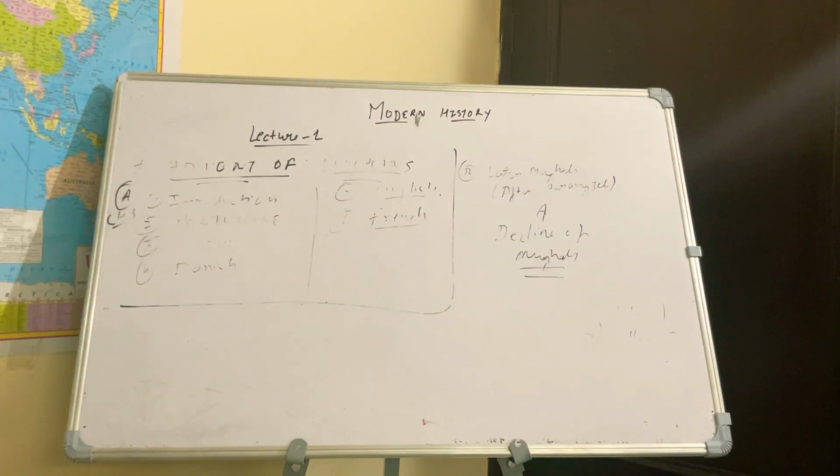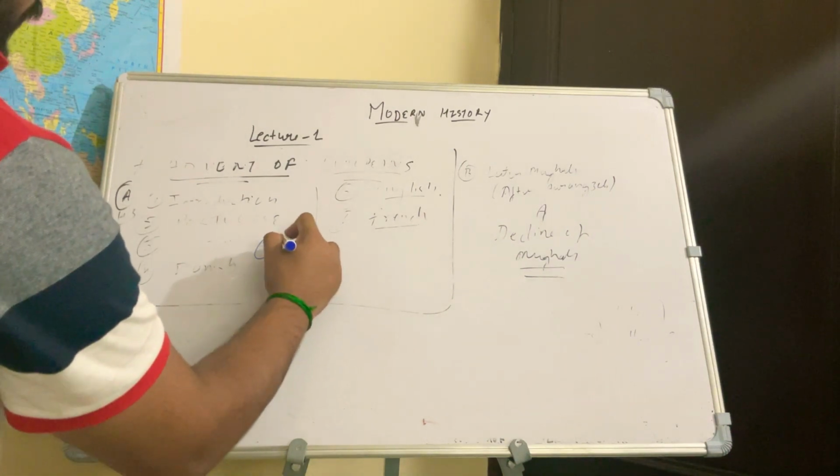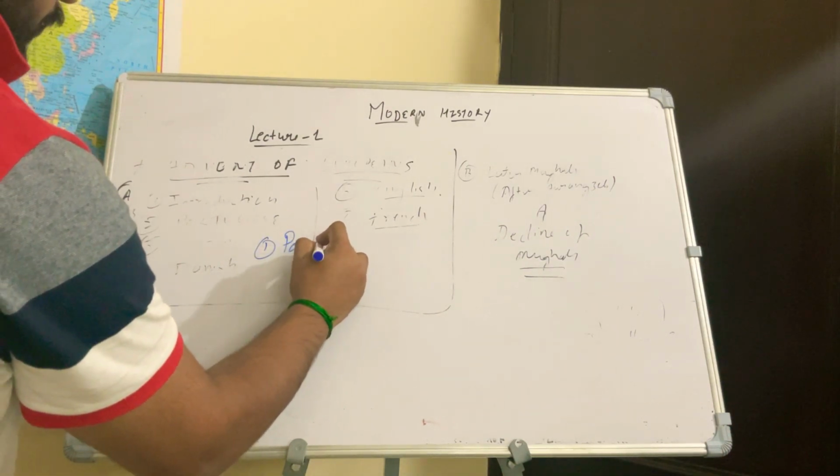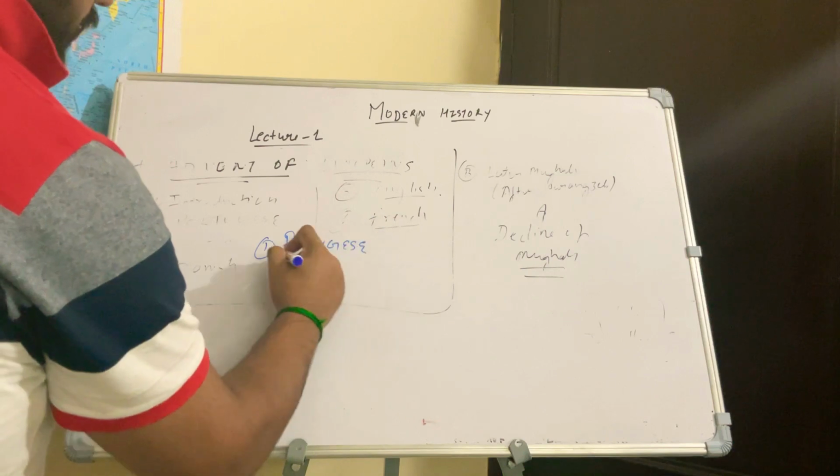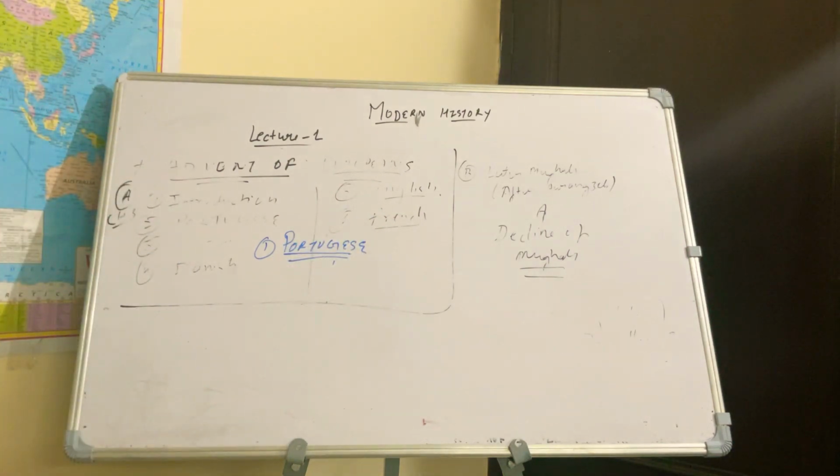So write down Portuguese. In this, write down, in Europe, the spirit of adventure that led to the foundation of the modern world promoted the geographical discoveries to far-flung areas.